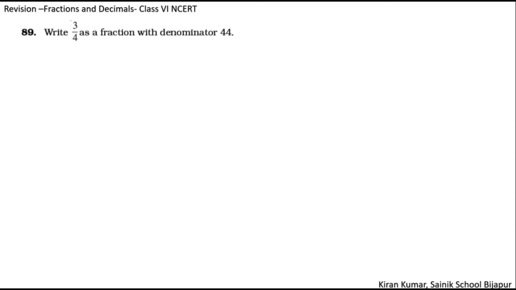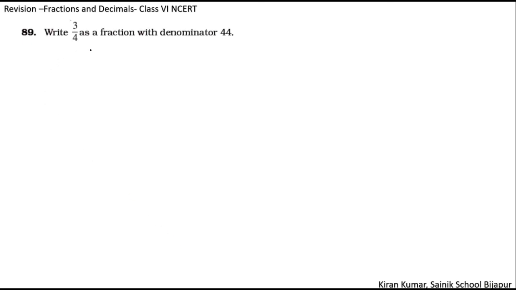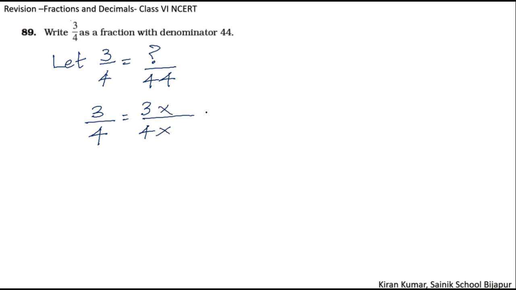Next question number 89. Write 3 by 4 as a fraction with the denominator 44. I'll write 3 by 4. I need to guess the numerator now to get 44 in the denominator. Remember, on multiplying some number to both numerator and the denominator, we have got 44 here.